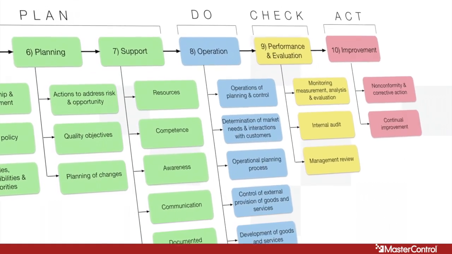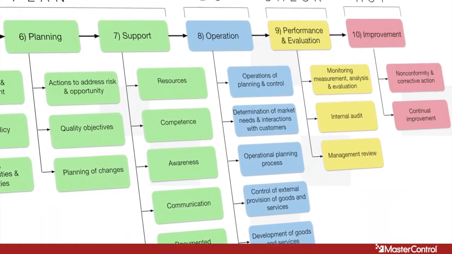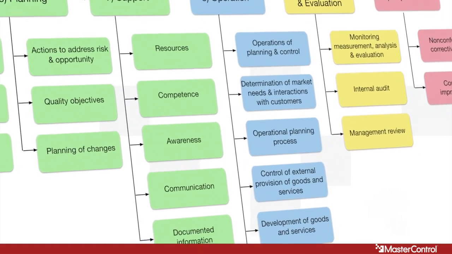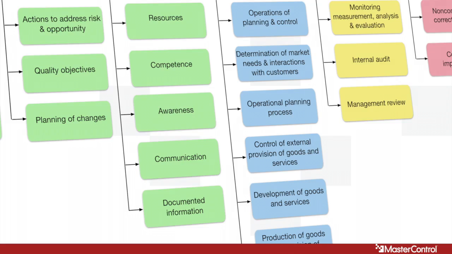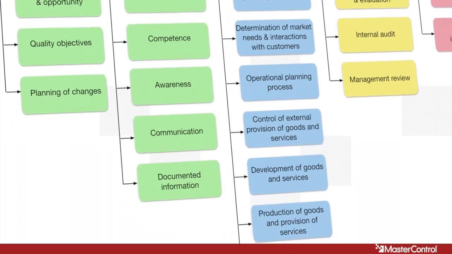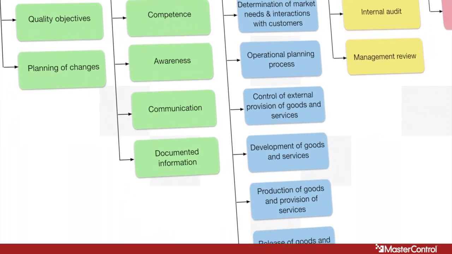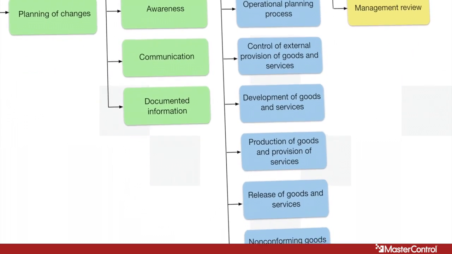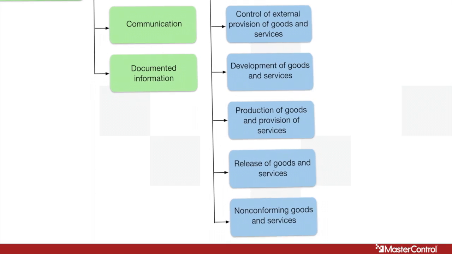So you've got operation of planning and control, you've got determination of market needs, you've got operational planning processes, you've got control of external provision of goods and services, you've got development of goods and services, you've got production of goods and services, you've got release of goods and services, and non-conforming goods and services. So what used to be just purely the developmental aspects are now squarely into the entire do cycle of the plan, do, check, act cycle.